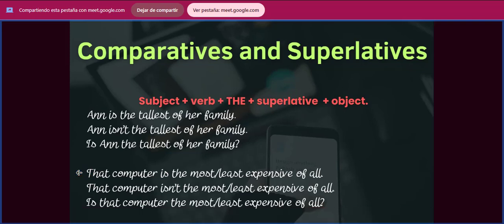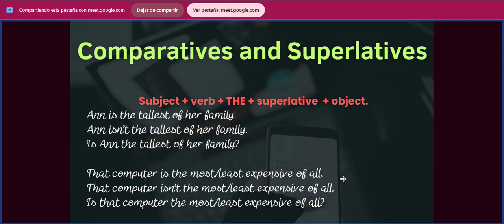We can say that computer is the most or the least expensive of all. In here, we are not giving a very specific group of elements, but just saying in general of all. Then that computer isn't the most, for example, expensive of all. Or is that computer, let's say, the least expensive of all?